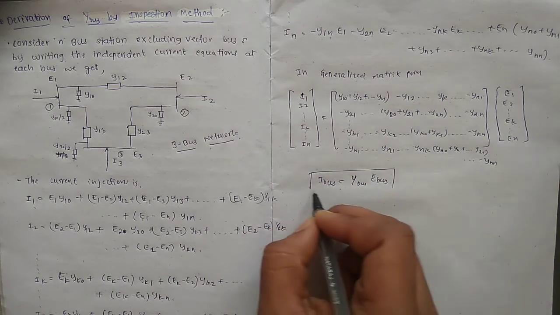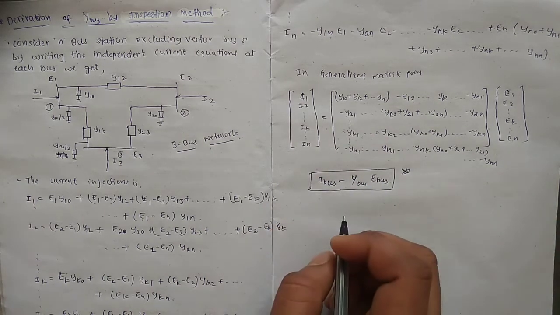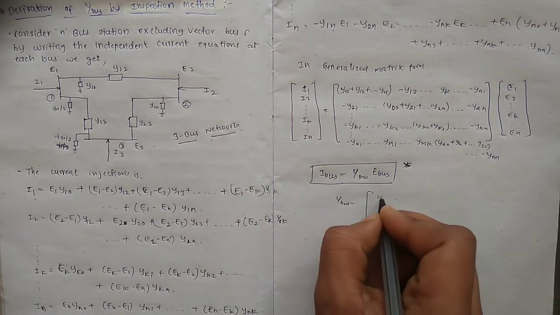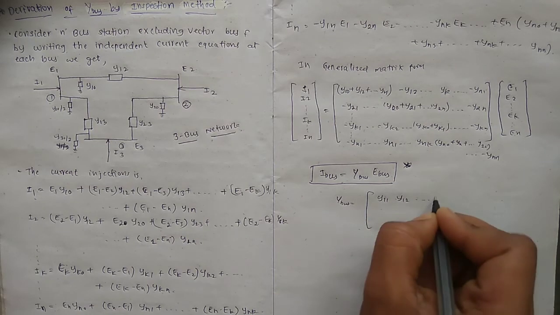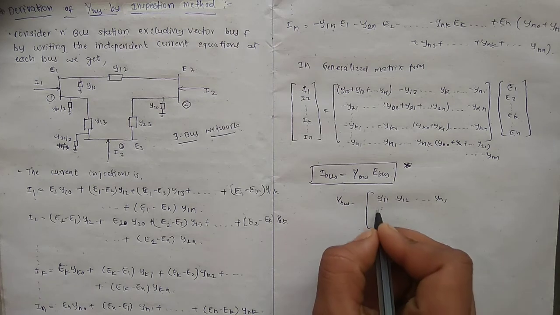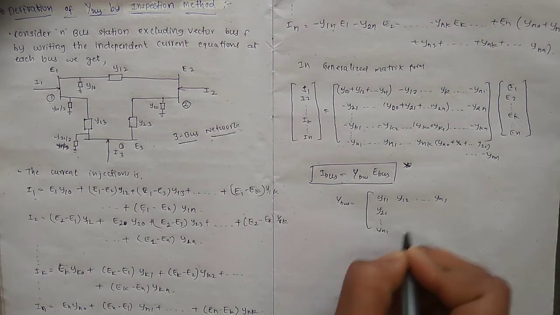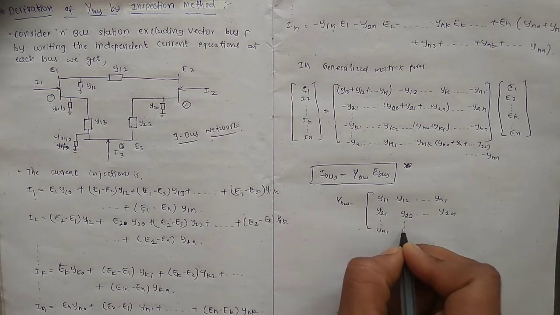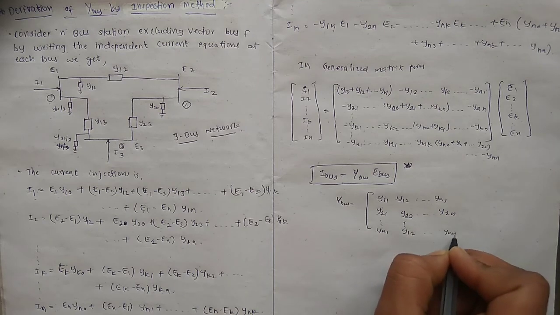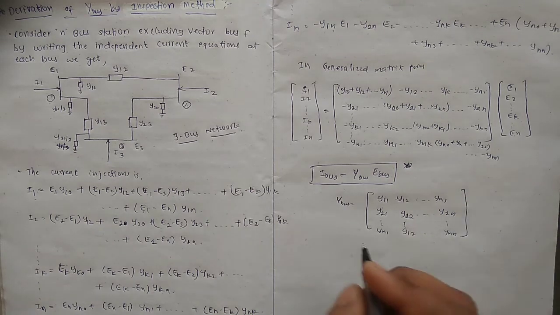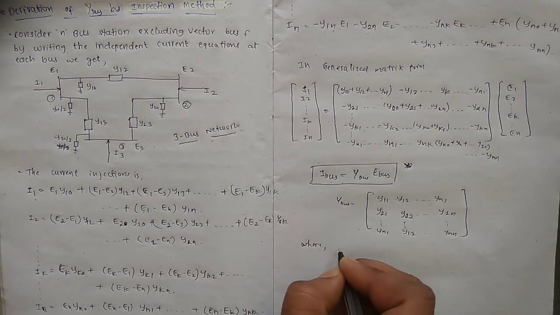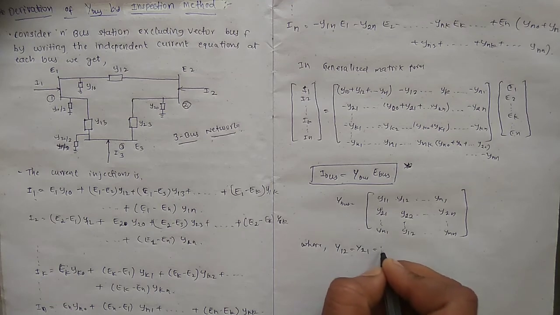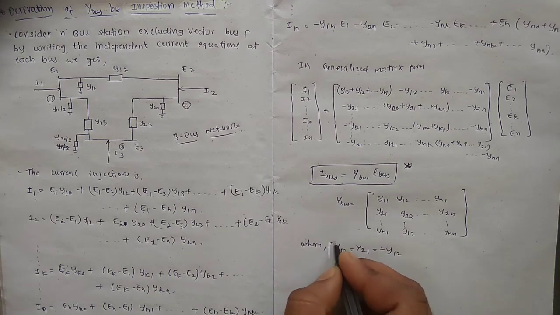This is called the admittance bus, Ybus. This is the overall generalized expression for the Ybus inspection method, where Ybus is the matrix with entries Y11, Y12, and so on, Yn1, and so on, Ynn, where remember that Y12 is equal to Y21, which is equal to minus y12 always.